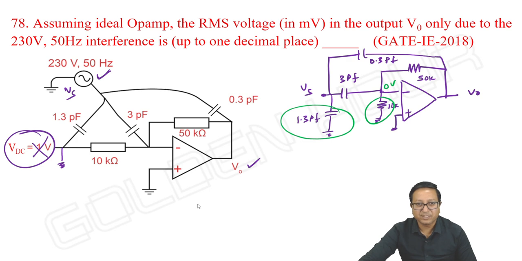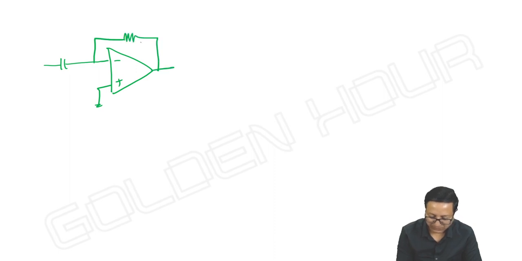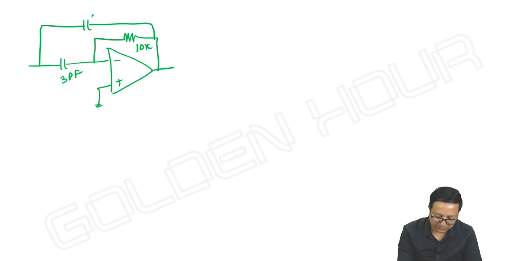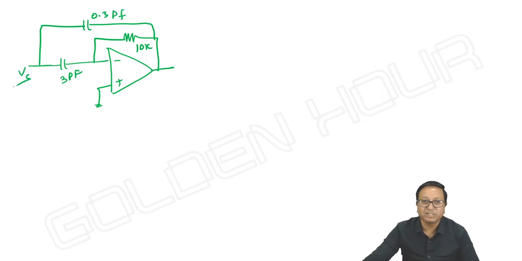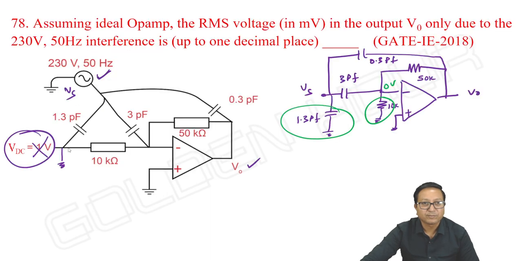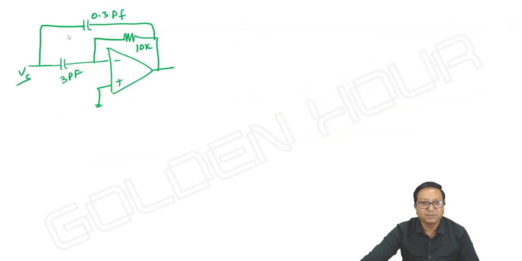Let me write it in the next page. 10K, 3 picofarad, 0.3 picofarad, and it is Vs. Okay, 0.3 and 3 picofarad, correct.